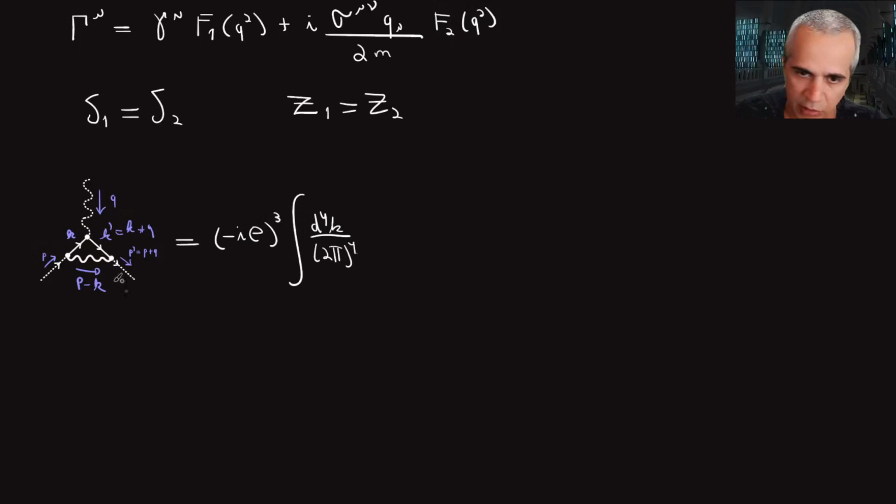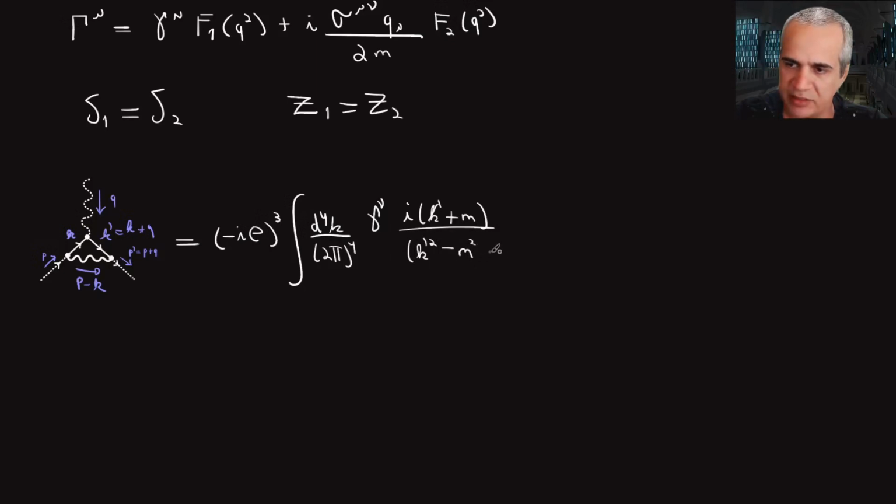I'll go in this direction starting from this point, associating Lorentz indices to all those points. I start with gamma nu, then the propagator here is i (k' slash plus m) over (k' squared minus m squared).